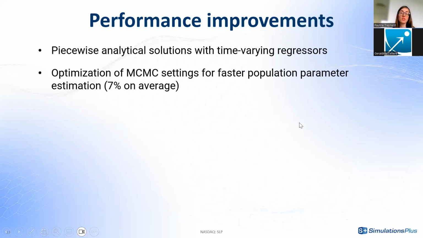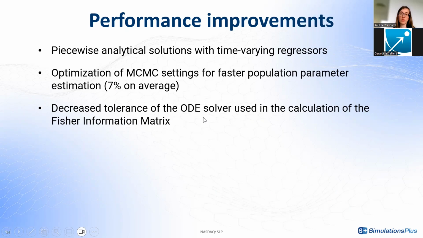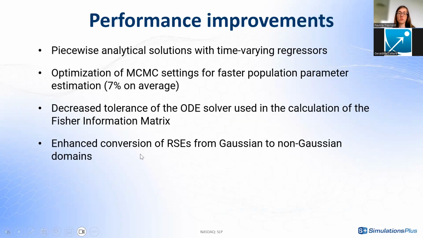In addition, we have optimized the MCMC settings to accelerate the population parameter estimation by 7% on average. We have also improved the calculation of the standard errors by decreasing the tolerance of the ODE solver used in the calculation of the Fisher information matrix in the non-stiff case and excluding time-to-event models. And also by enhancing the conversion of the relative standard errors from Gaussian to non-Gaussian domains.